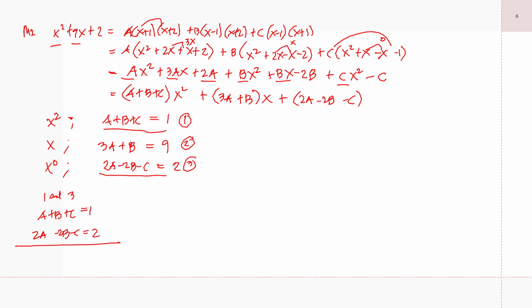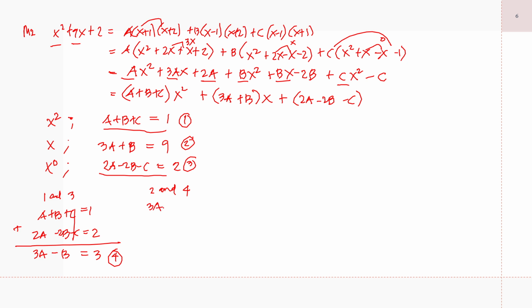So we are going to add. This will become 3A and this will become minus B and this will become 0 is equal to 3. So now we have equation 4. Then equation 4 paired with equation 2.